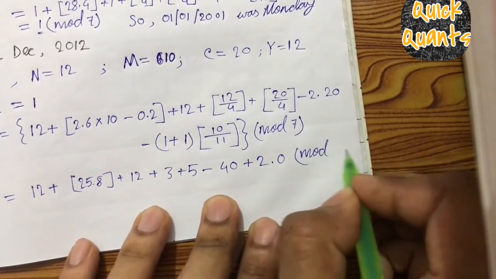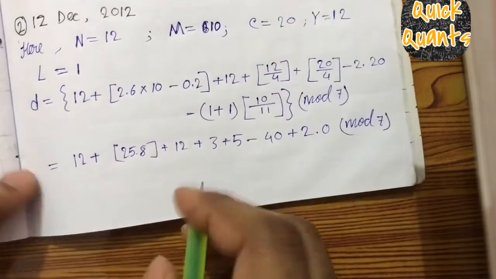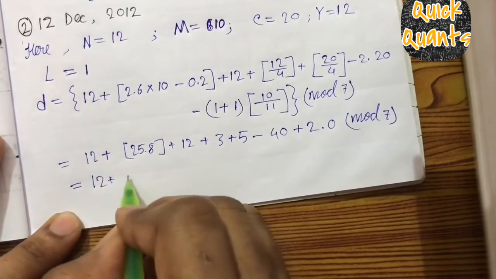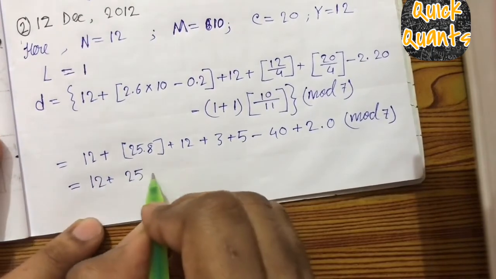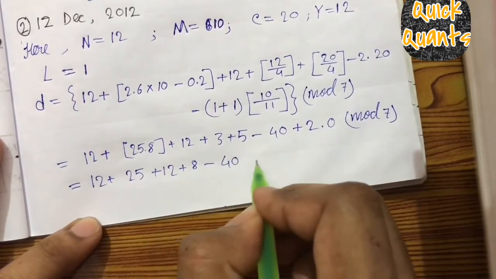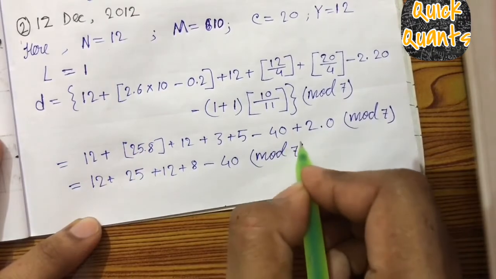If you don't know about the greatest integer function, I will make a video about it. Okay, don't panic. So it would become 12 plus 25 plus 12 plus 8 minus 40, mod 7.